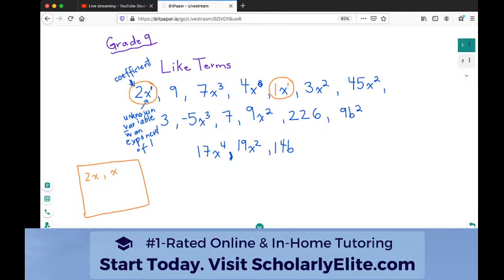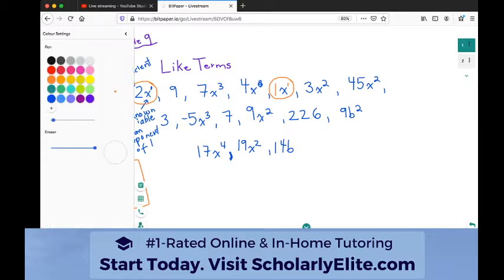But what I want to really, really impress upon you guys is that this is not a like term with anything that has an x because it uses a different letter. And what the assumption is that if this was in an equation, then we would know that the letter b represents a different number than the letter x, and therefore they cannot be like terms. Okay? Now, if anybody has questions about that, let me know.